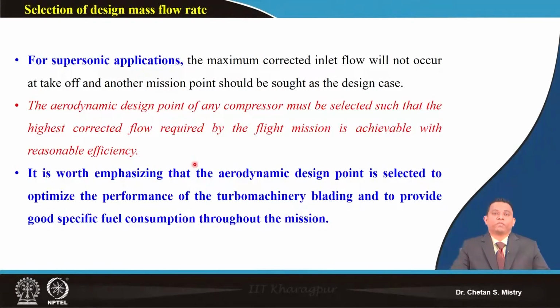So many times when students do their design for a fighter aircraft, conventionally they consider the supersonic cruise condition as the mass flow rate or corrected mass flow rate condition.